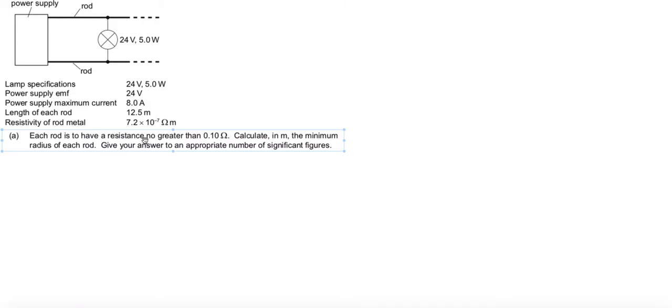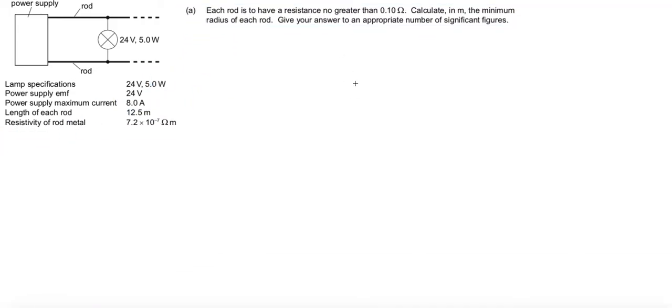Okay, so what do we have? The lamp specification is given, 24 volts 5 watts, the power supply has 24 volts, and the power supply maximum current is 8 amperes. The length of each rod is given, and we have the resistivity, and we have to calculate the minimum radius of each rod.